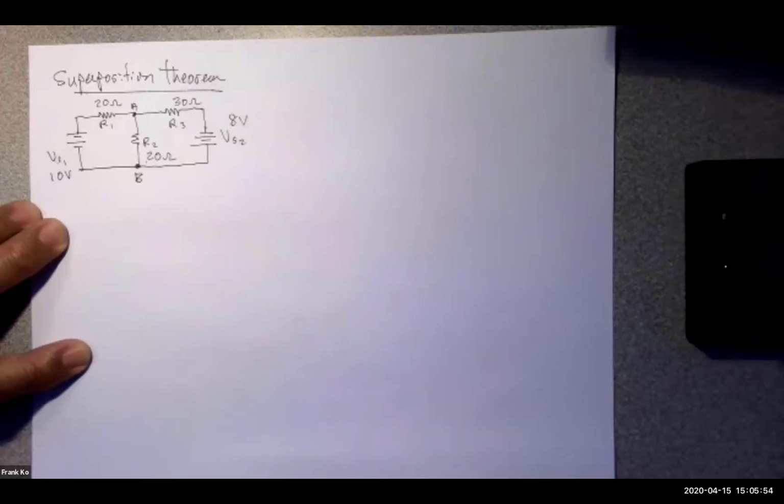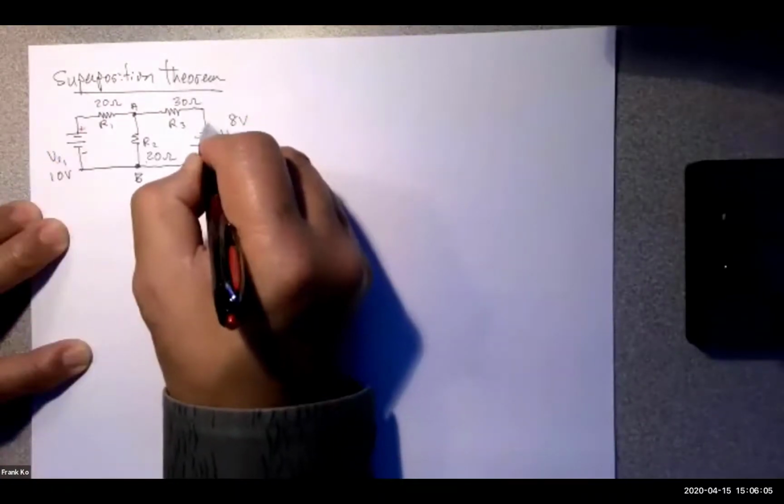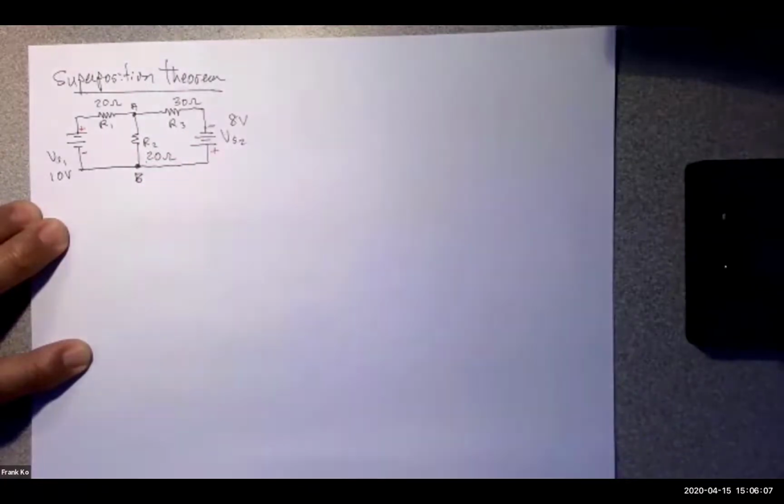The first thing you do for any circuit that has DC voltage sources is put polarities on here. This is negative, this is positive, this is positive, this is negative.